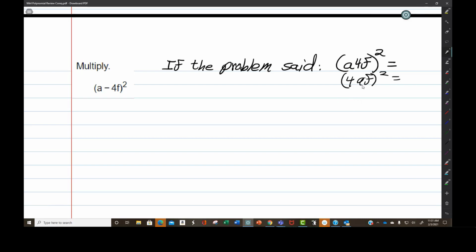And then, since everything is multiplied inside, this is a monomial now, so you would have 4 squared, a squared, f squared, and your answer would be 16 a squared f squared, and that would be entirely correct. You have just taken this monomial and you've squared it. But this is not a monomial. It's a binomial. So you can't do that.